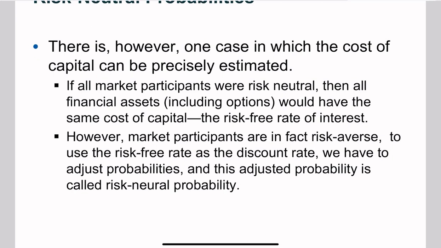Investors are not risk neutral. They're actually risk averse, which means if we want to use the risk-free rate as the discount rate, we will have to adjust probabilities, right? In this case, we call these adjusted probabilities risk-neutral probabilities.